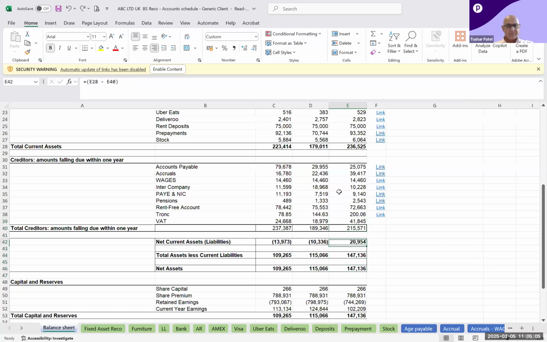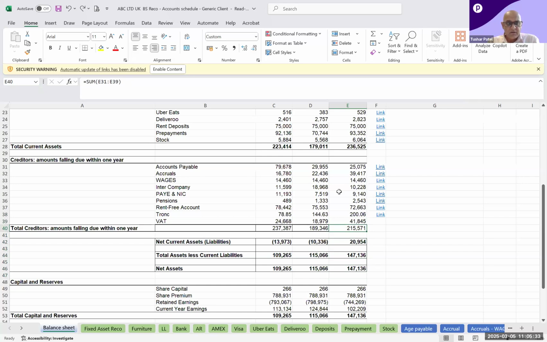This balance sheet doesn't show it specifically, but we also have amounts falling due greater than 1 year. These amounts would, as I said before, normally be bank loans that span multiple years, normally 5 years. During COVID, a lot of businesses had CBIL loans, COVID-related loans that the government provided.